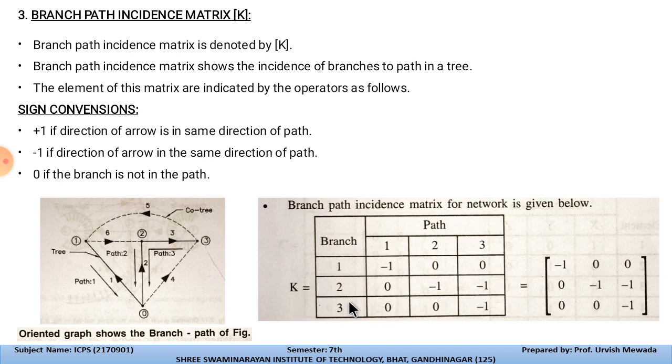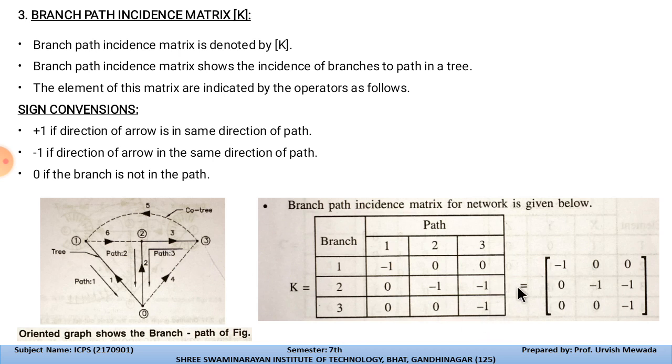And for branch number 3, there is no connection of 3 with 1, so that's why it is taken as 0. There is also no connection between branch number 3 and path number 2, so that's why it is taken as 0. And there is a connection between 3 and 3, so both are in the opposite direction, that's why it is taken as minus 1.